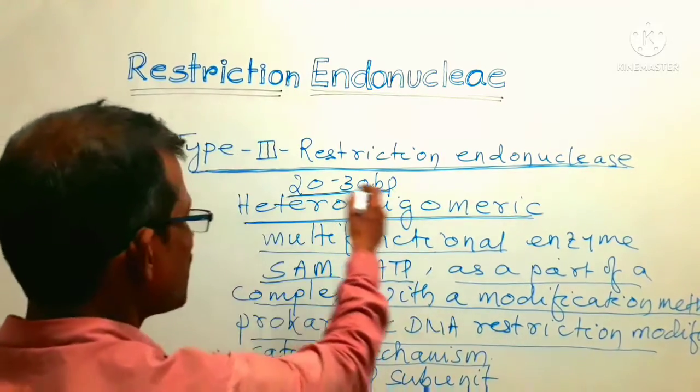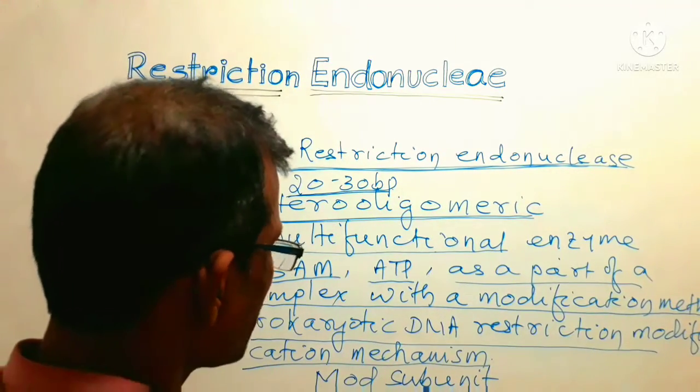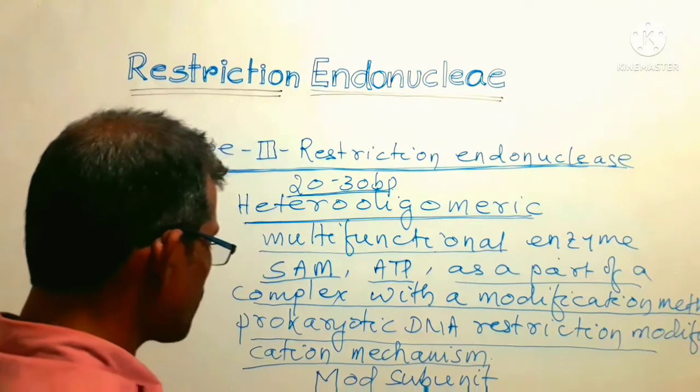Type 3 restriction enzymes consist of two subunits.